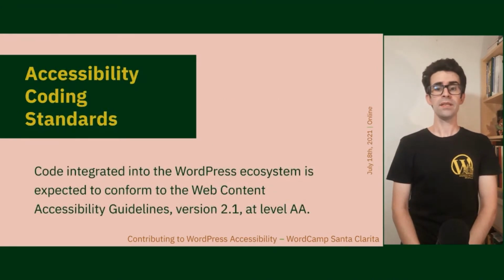As stated in the WordPress accessibility coding standards, code integrated into the WordPress ecosystem, which includes WordPress core, WordPress.org websites, WordPress default themes, and official plugins, is expected to conform to the Web Content Accessibility Guidelines, or WCAG for short, version 2.1 at level AA.